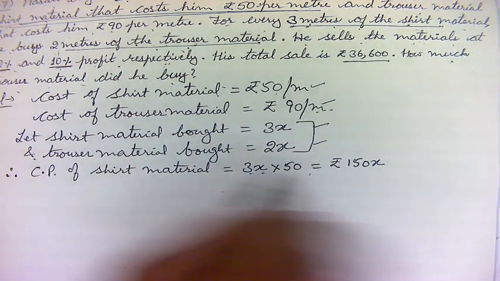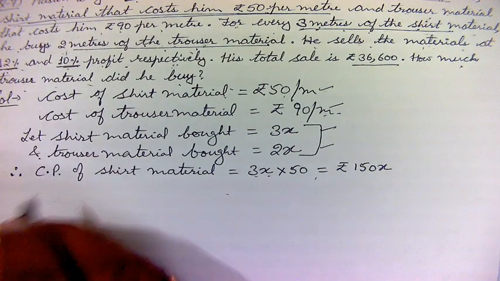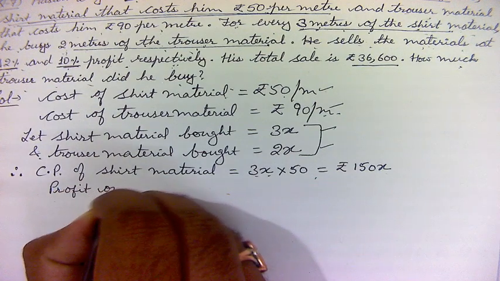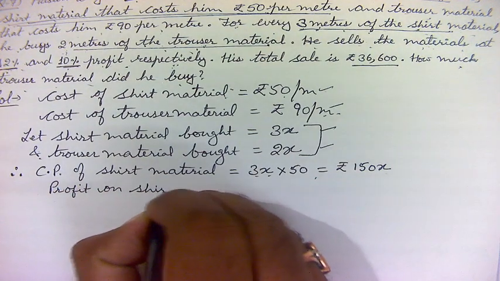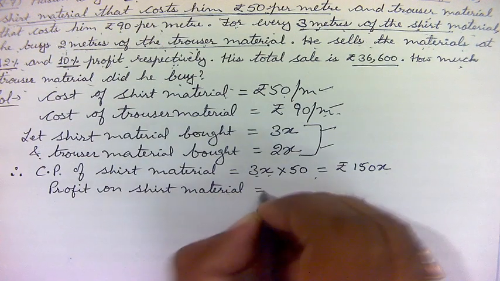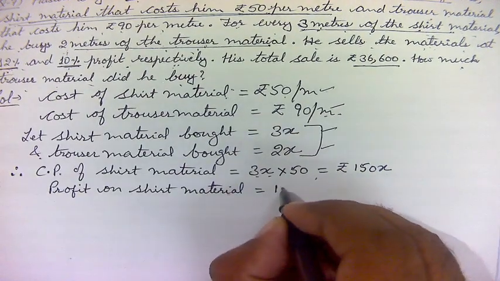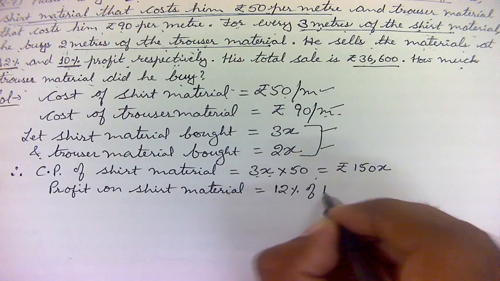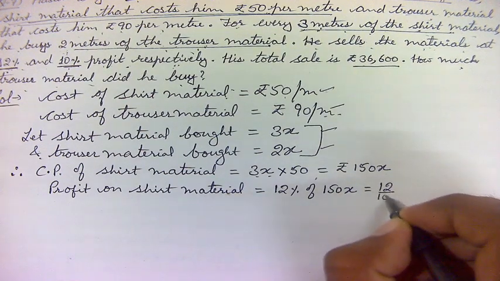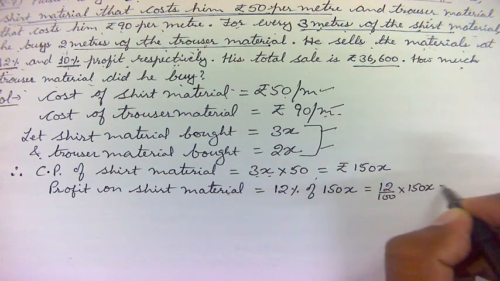Now this shirt material is being sold at a profit of 12%. So the profit on shirt material is 12% of 150x, and 12% of 150x means 12 upon 100 multiply 150x.